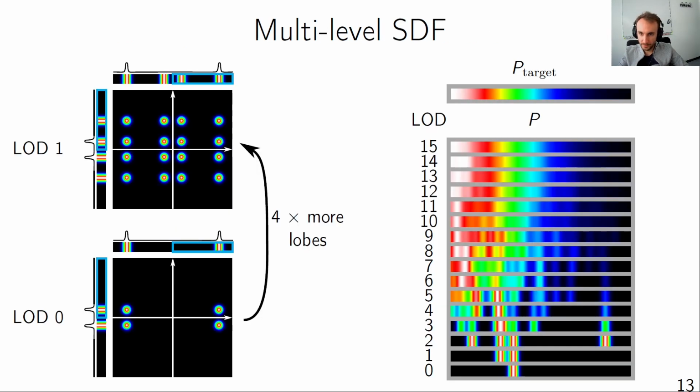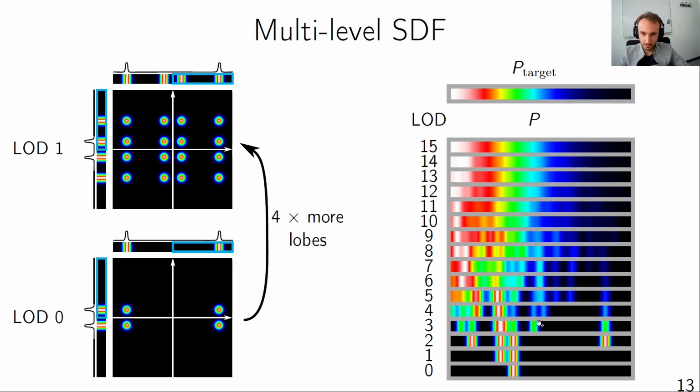Since we are using a MIP hierarchy, the SDFs are multi-level. The minimum number of lobes at the lowest level is 1 in 1D, and therefore 4 in 2D. At the highest level, the distribution is a Gaussian because the Gaussian is separable.